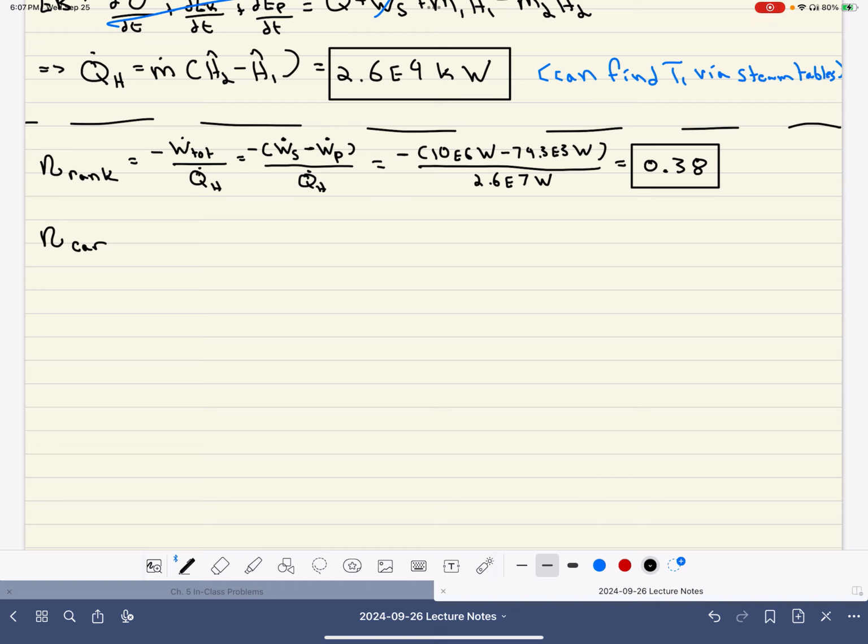To give a basis on how this compares to if we tried to use a cycle that was based on the Carnot cycle, right? So that's the maximum possible efficiency that one can achieve. What we could do is just say the Carnot efficiency is 1 minus T3 over T2.